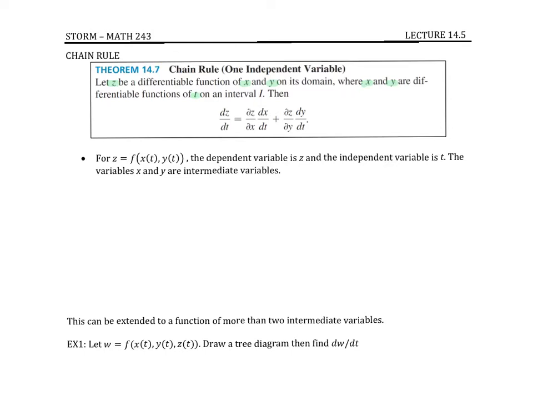So if I wanted to find the derivative of z with respect to t, I have to first use the chain rule to find the derivative of z with respect to x, multiply it by the derivative of x with respect to t, and then add it to the derivative of z with respect to y times the derivative of y with respect to t.